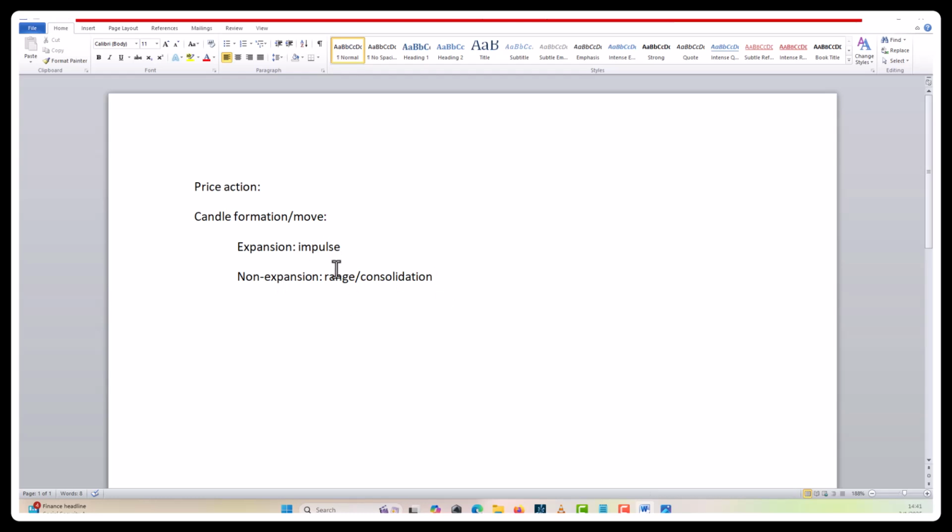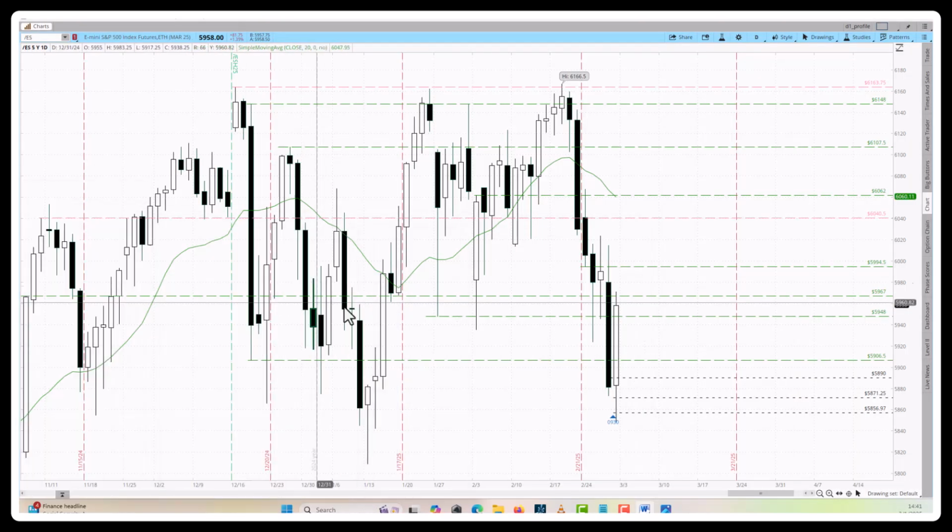Let's go with this approach for now. We can modify and improve it as we go along. Okay, so back to here, what do we see? You mark this level right here.